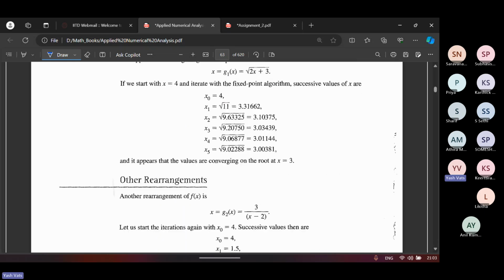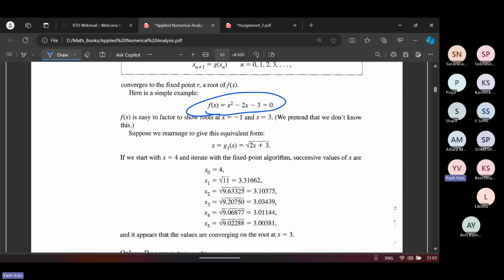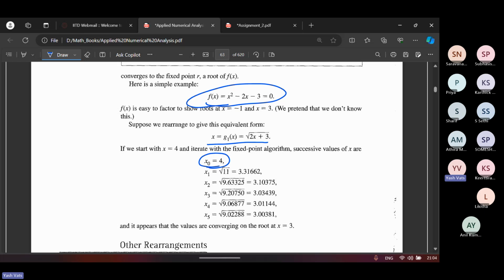Like I just explained with some examples, f of x is given to you like this, and you need to find the root of f of x. You just start with some starting guess, x naught is equal to 4. You write this function in the form x is equal to g of x, and start with some x naught.